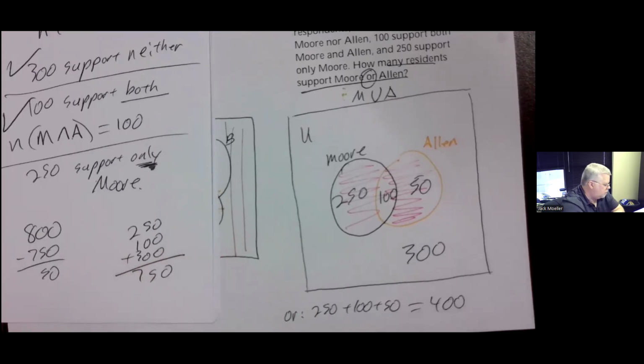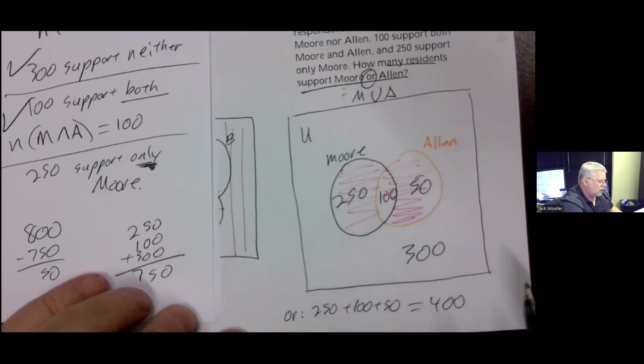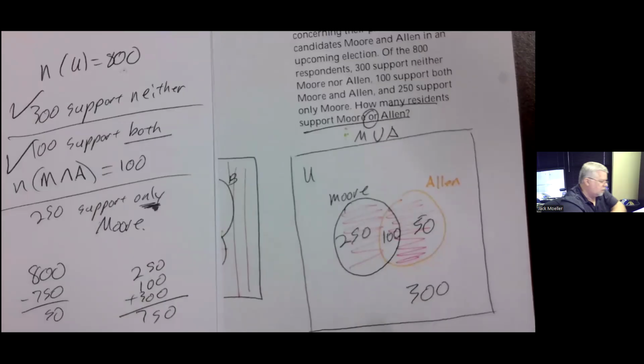All right, I feel like I've made a mistake somewhere. The reason I'm questioning this is if there are 400 people that like Moore or Allen and 300 people who don't, that's a total of 700 people. I'm supposed to have 800, right? So I've made an arithmetic mistake somewhere. Let's see.